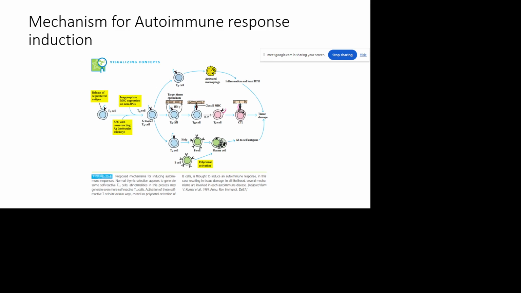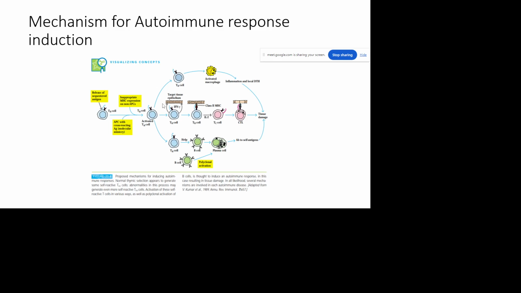So this activated helper T cell, when it contacts the APC with the cross-reacting antigen, will be activated.